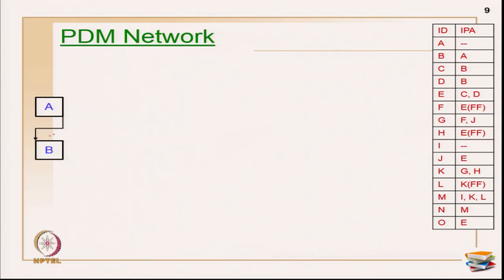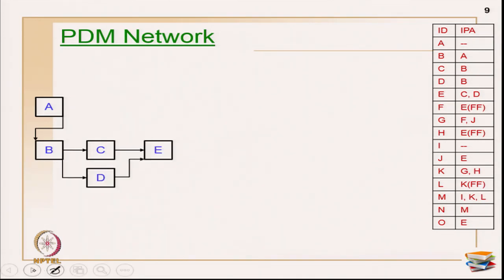So I am using finish to start on activity B. Then activity C, again no special information is given, so it is default finish to start. Then activity D, then activity E is finish to start with C and D. Then activity F is finish to start with activity E.